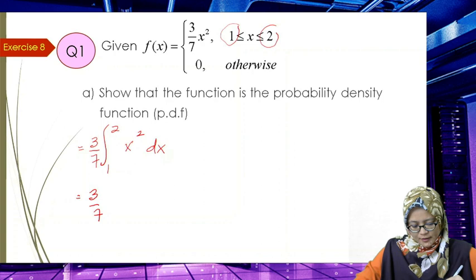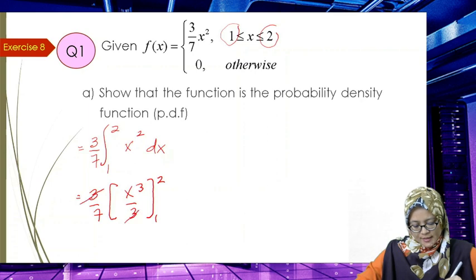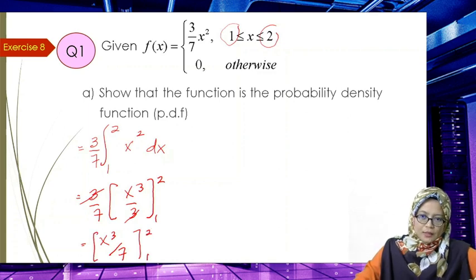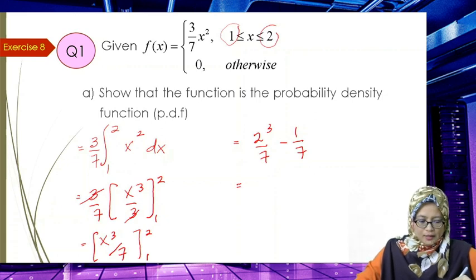So 3/7, integrate x squared, and we get x cubed over 3. Then substitute the values from 1 to 2. We can simplify this, or we get x cubed over 7, from 1 to 2. Substituting the values, 2 cubed over 7 minus 1 cubed over 7. We get 8 minus 1, which is 7 over 7, equal to 1.